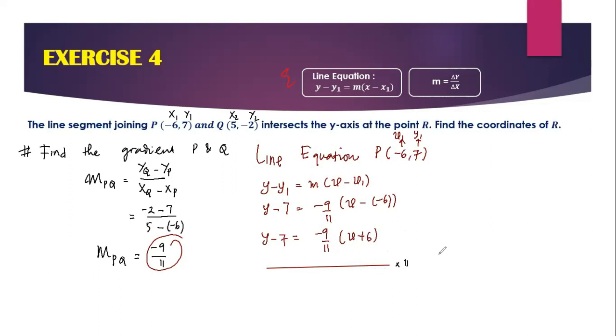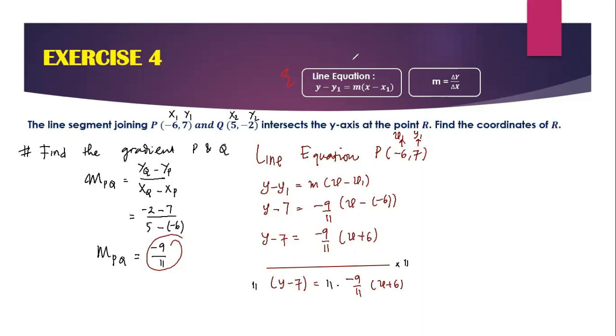To remove the fraction, you have to times by the denominator, LCM 11. Go. So 11, open the bracket, y minus 7 equal 11 times minus 9 over 11 times x plus 6. Both sides will be times by 11, right?